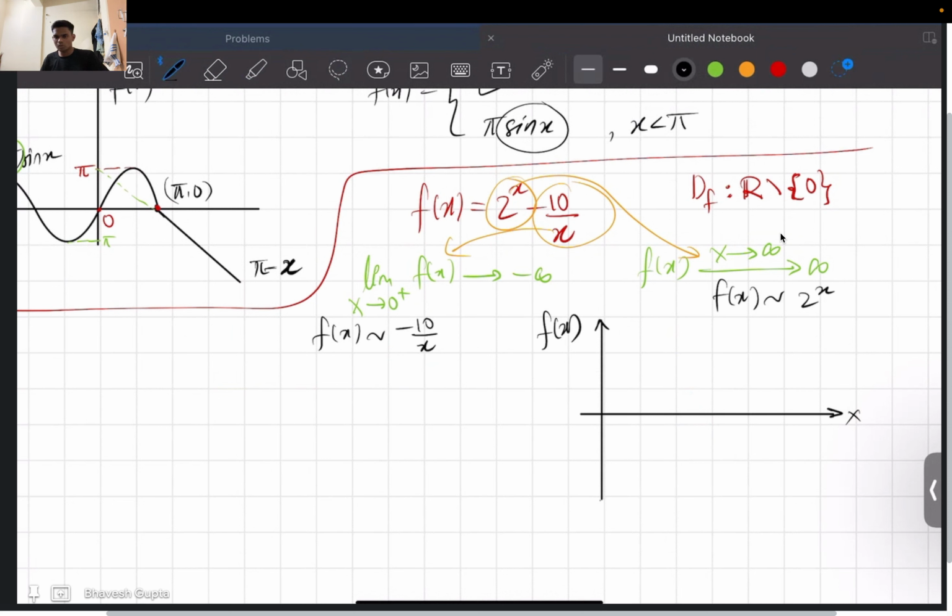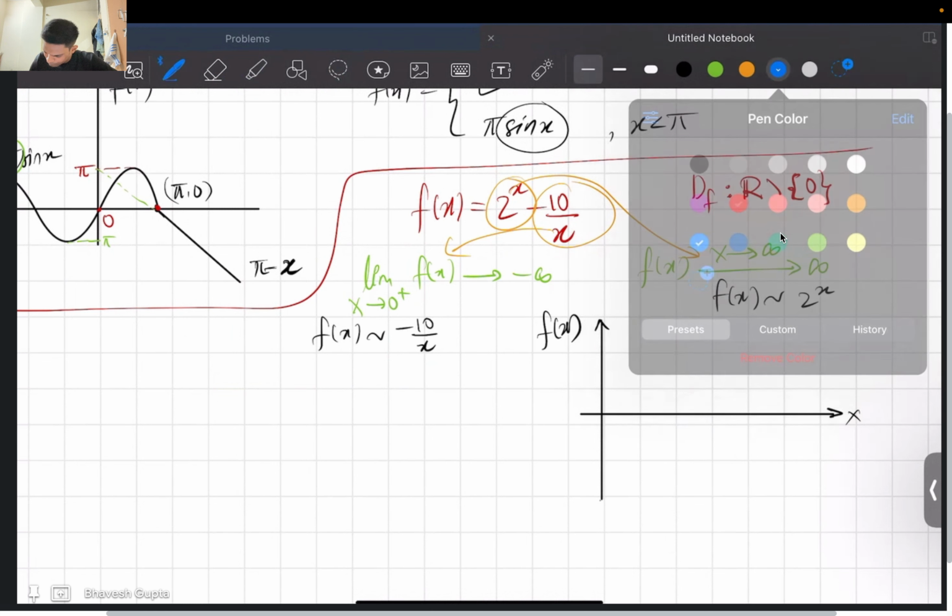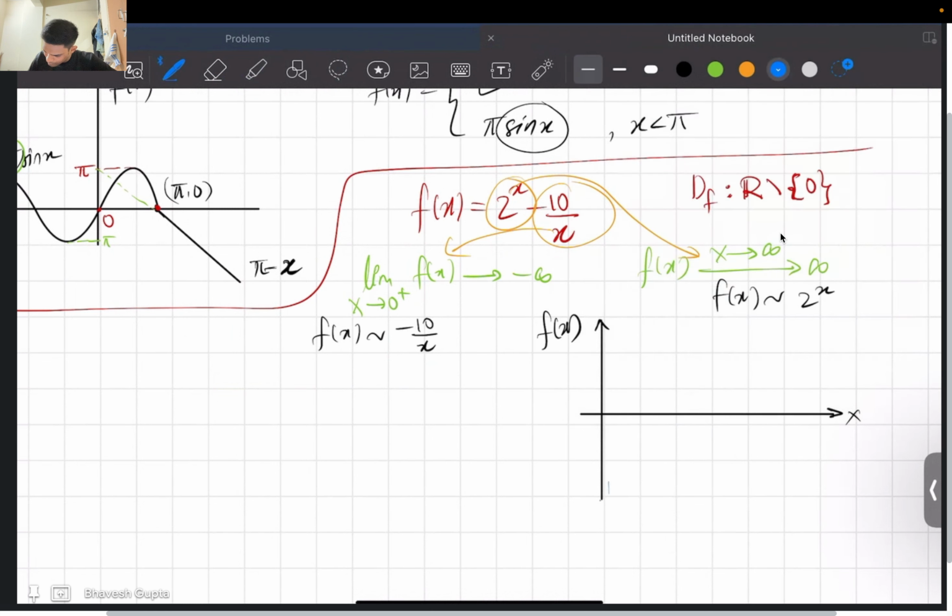And I just wanted to know the value of x such that the function is 0. So you can see that I have this blue line here and some line here.